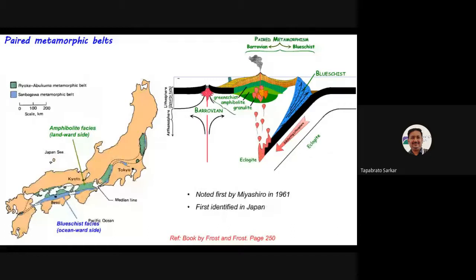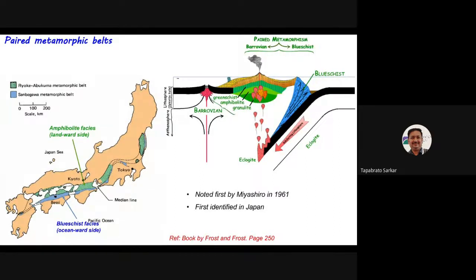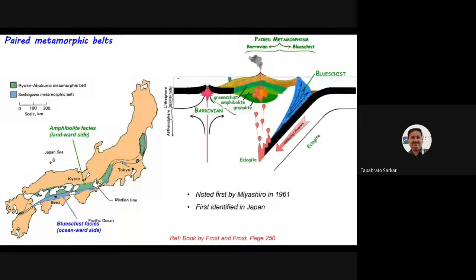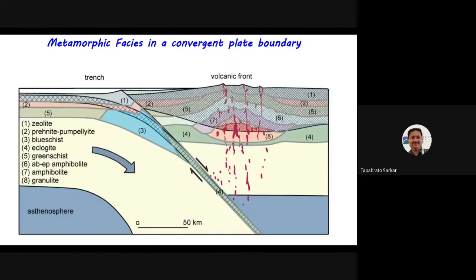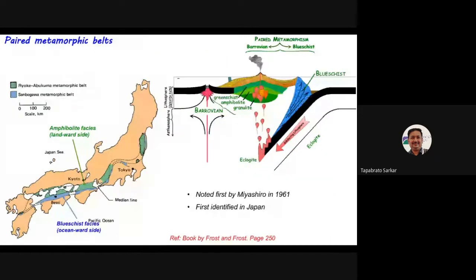Now, to understand this, we have to understand the subduction scenario and what kind of metamorphism occurs at different places. Okay, let me go to this diagram which we already did, or we can do it out here as well.